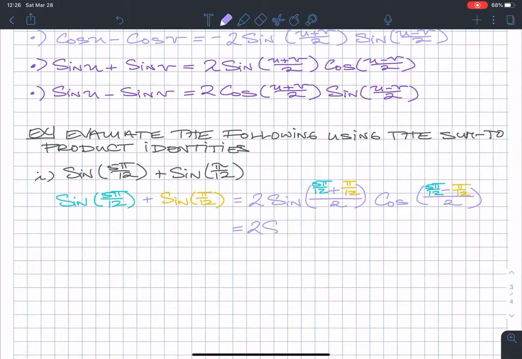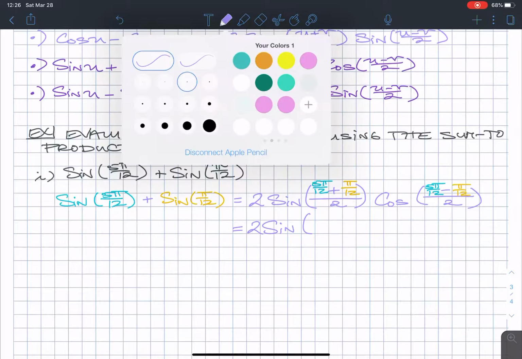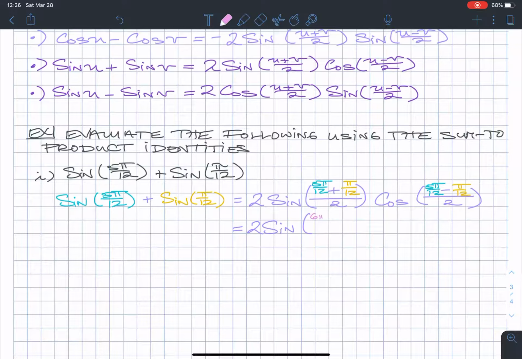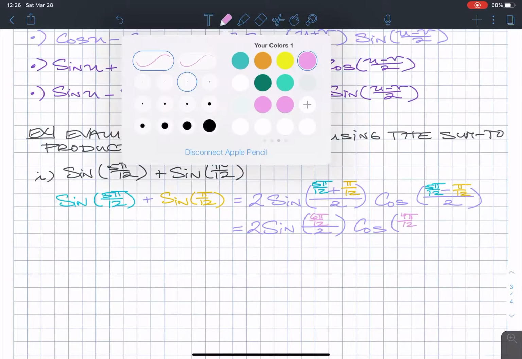This gives us 2 sine of, so 5 plus 1 is 6 pi over 12, which I'm dividing by 2, times cosine of, so 5 minus 1 is 4 pi over 12, which I'm dividing by 2.